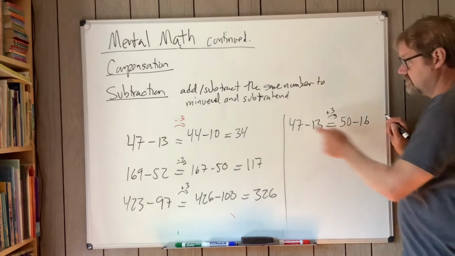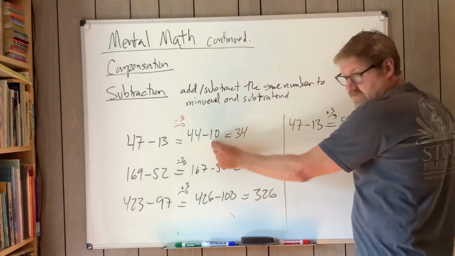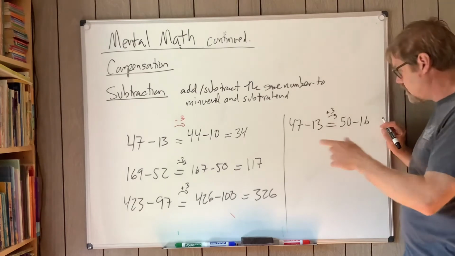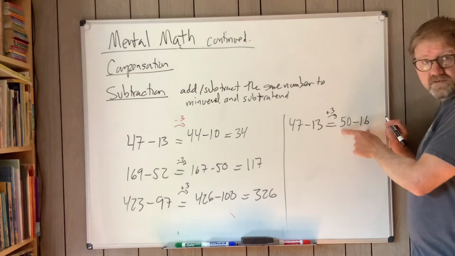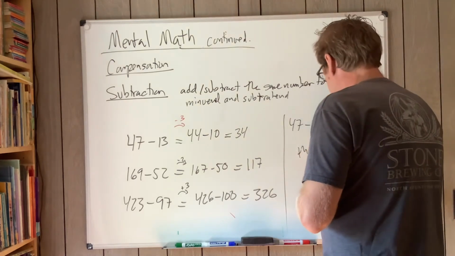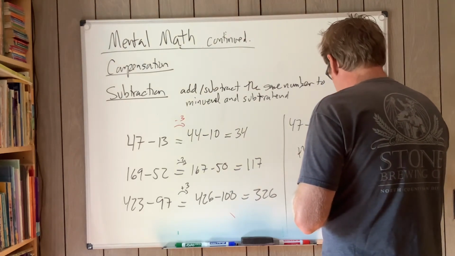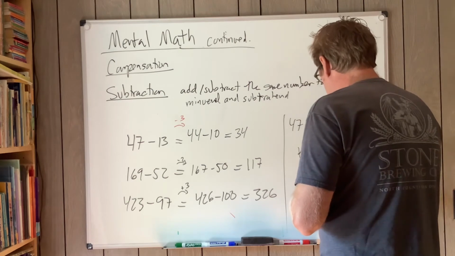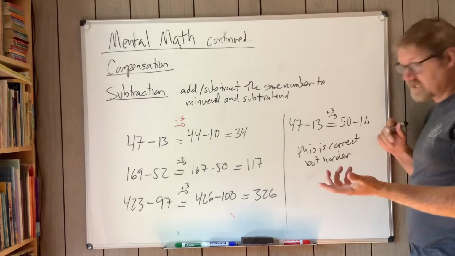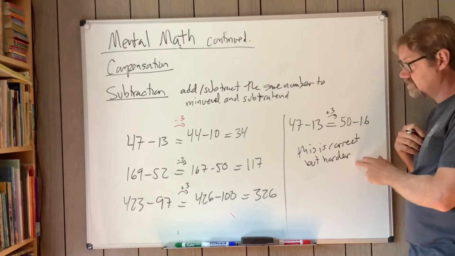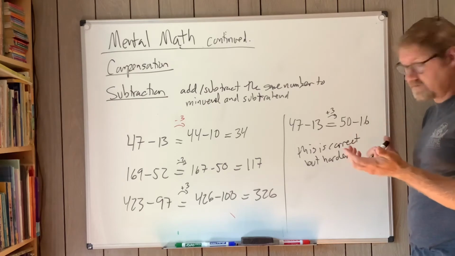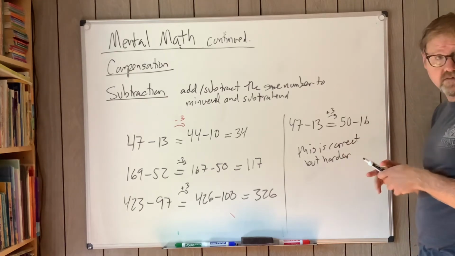And the answer is this is much easier to do, because you're just subtracting 10. There's no regrouping or borrowing. You would have to do that in this case. So this is correct, but harder. By correct, I mean mathematically correct, just harder. Again, with all these mental math things, what we're trying to do is make the problem easier. And I don't think that does this.